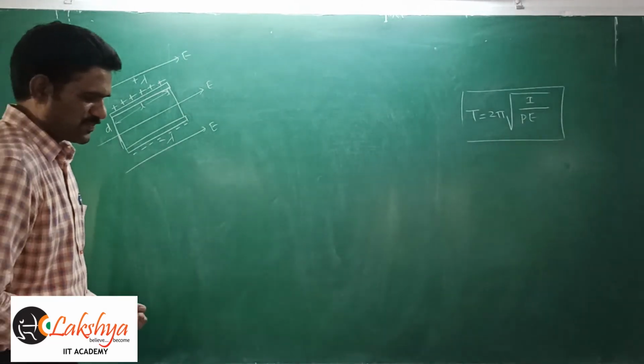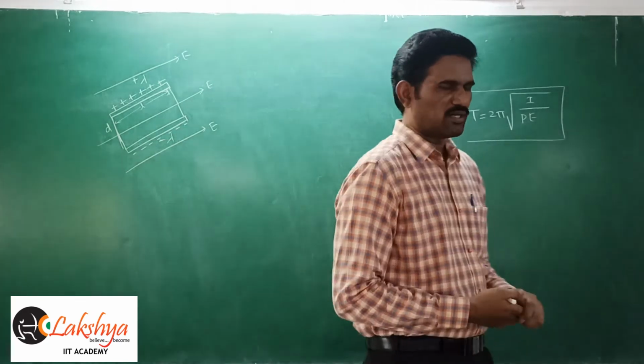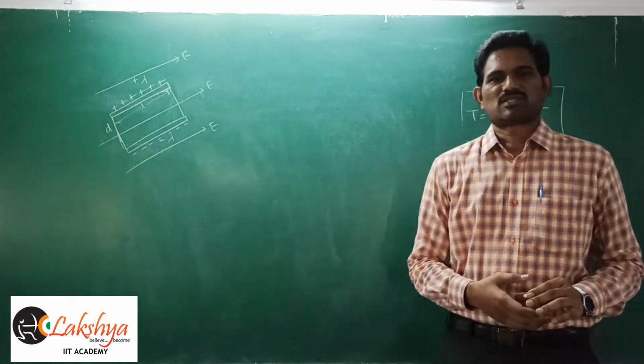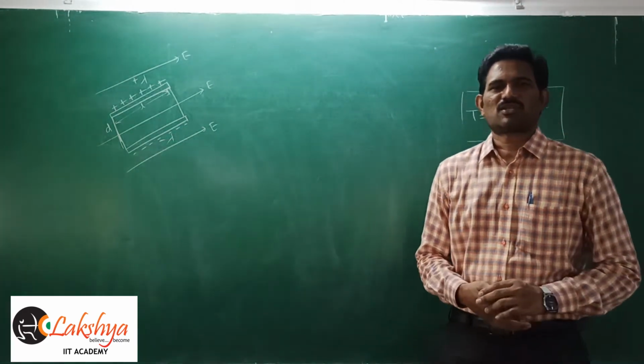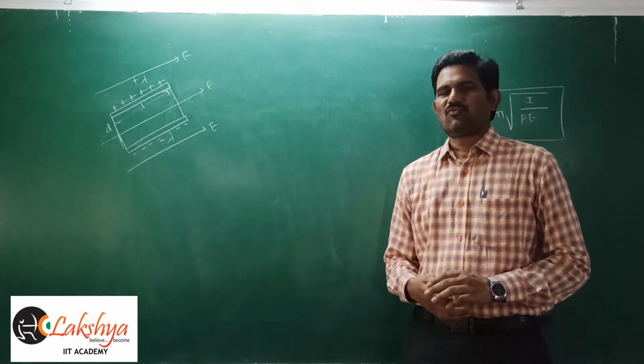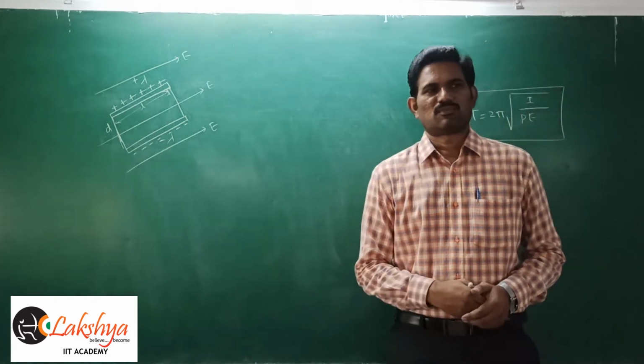If the system is displaced slightly from the direction of the field and released, find its time period of oscillation.